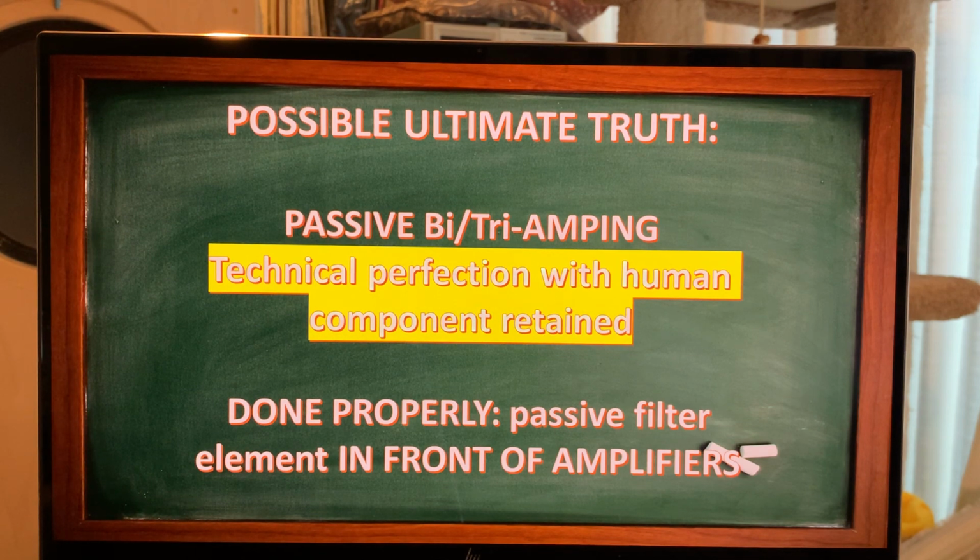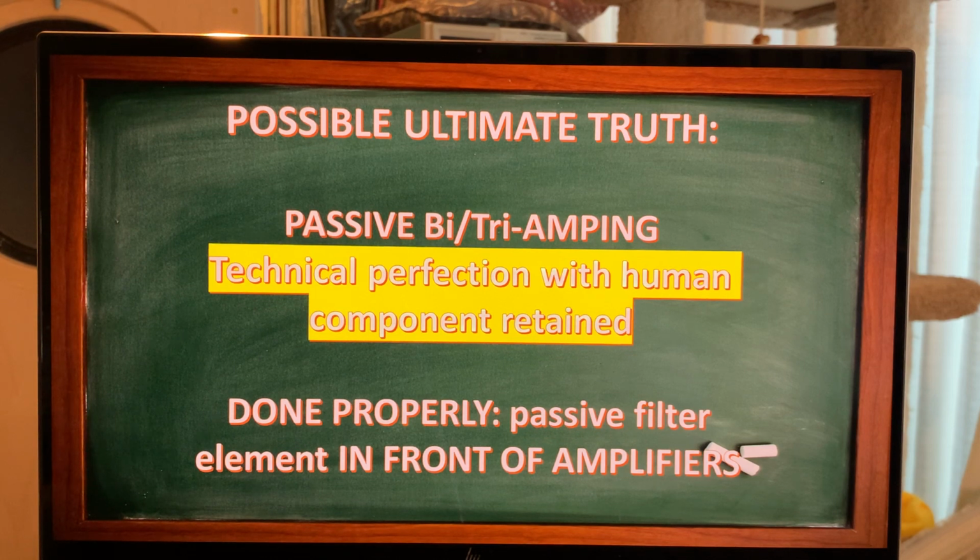And for this situation, what we need is passive multi-amplification. I already started to mention it in one of my videos, but I think it's not clear yet for everyone how it is done, because now people just automatically assume that multi-amplification means that you put the passive element after the amplifier.